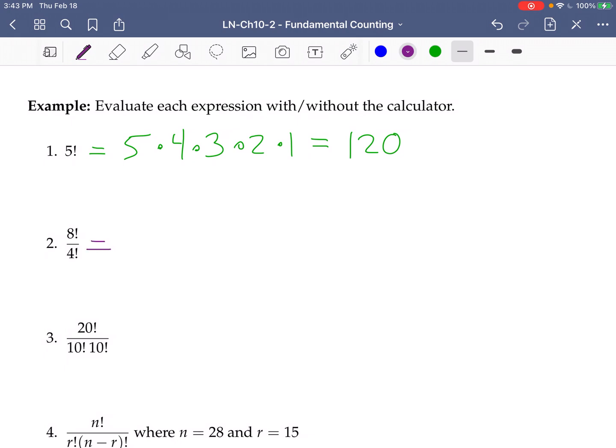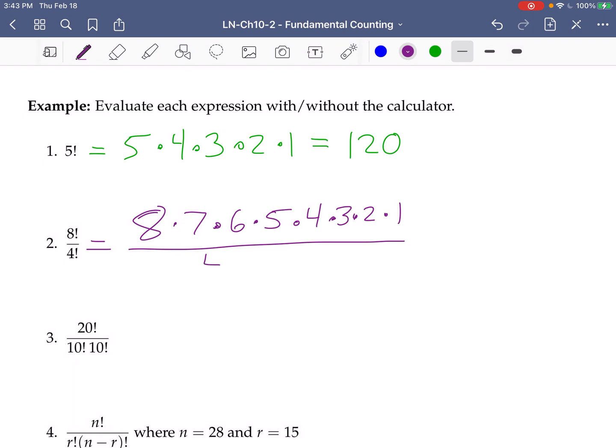If we have 8 factorial divided by 4 factorial, 8 factorial means we're multiplying from 8 all the way down to 1. 4 factorial means we're multiplying from 4 all the way down to 1.